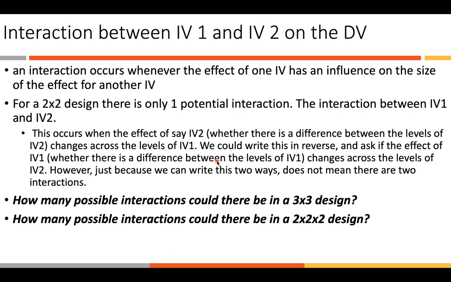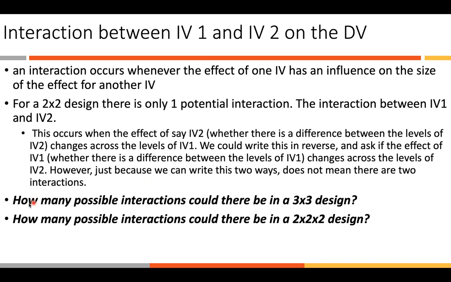So notice that in a design with two independent variables, we had two main effects, one for each variable, and one potential interaction, right? Each of the variables, two of them interacting with one another.